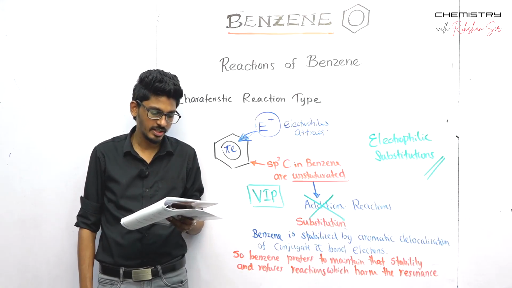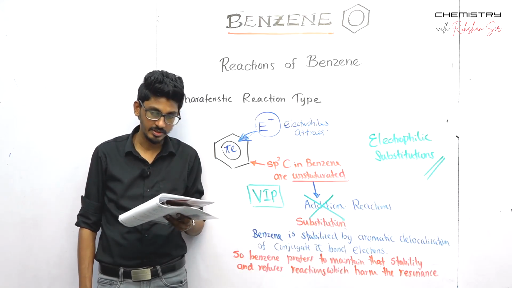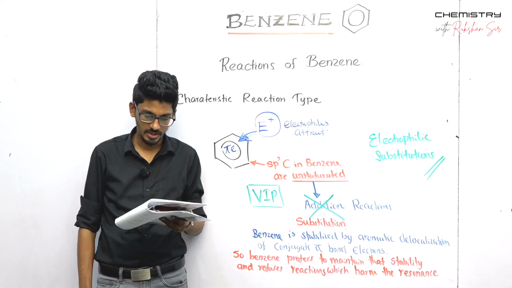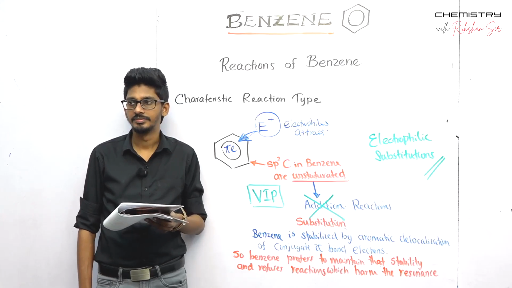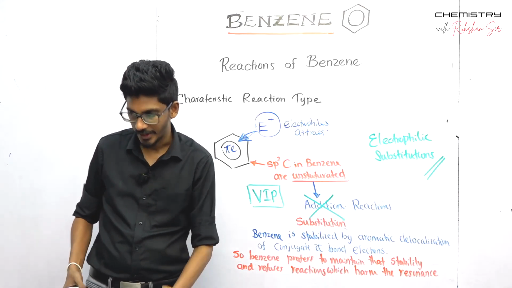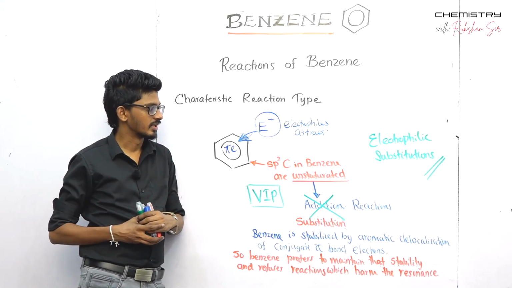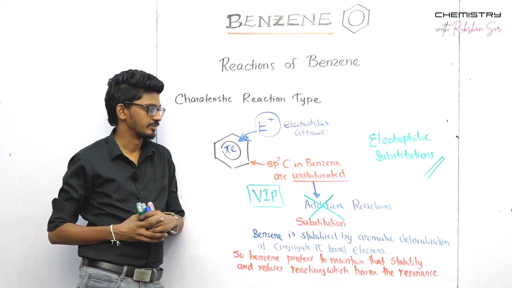Therefore, benzene does not easily undergo reactions which harm the cyclic delocalization. Hence, the characteristic reactions of benzene are electrophilic substitutions and not electrophilic additions, as in the case of alkenes. The idea is clear, right?